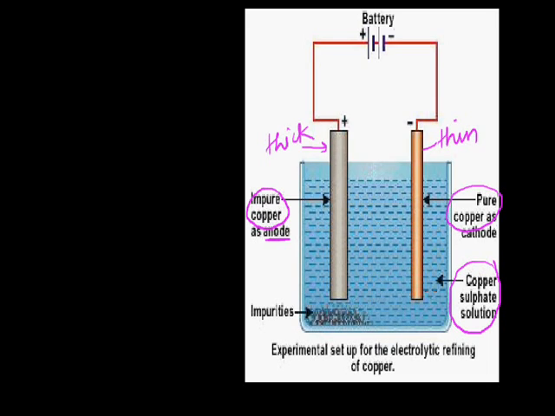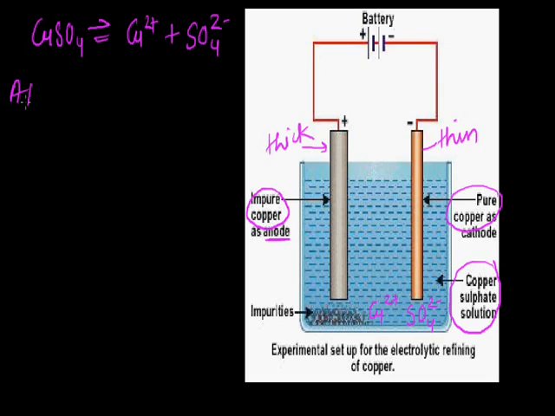In the copper sulfate solution, Cu2+ and SO4 2- ions are present. In this method, firstly copper sulfate breaks into Cu2+ and SO4 2- ions in its aqueous solution.